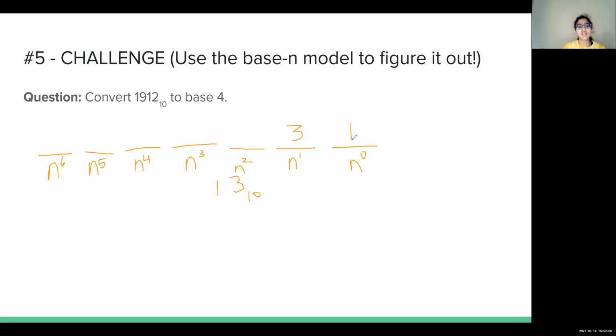You have to figure out how many of that specific power fit in. Like in base 10, as Aryan says, it works the same way, because when you do numbers like 56, it's 5 times 10 plus 6 times 1.